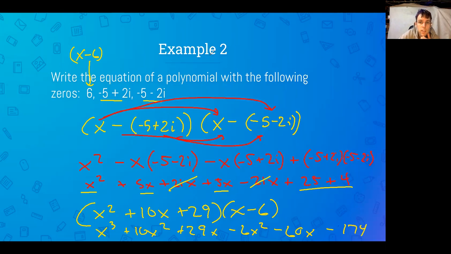Okay, combining like terms, my final answer should be x cubed. 10x squared minus 6x squared is 4x squared. 29x minus 60x is minus 31x, minus 174. That would be with only real coefficients. All right, and that's it.